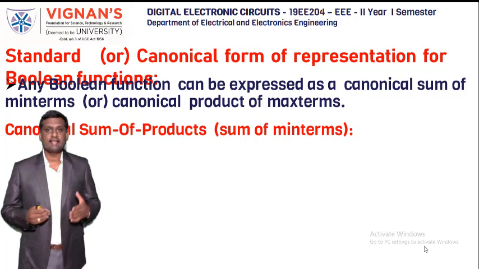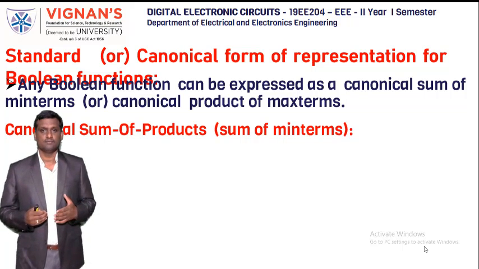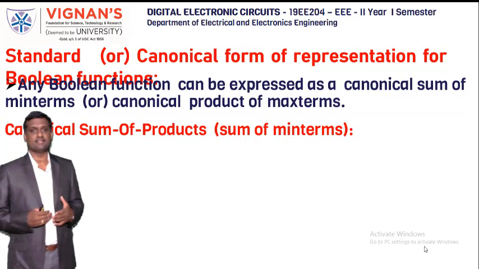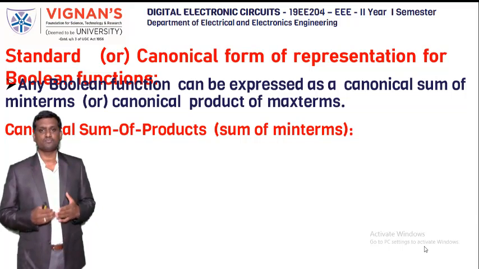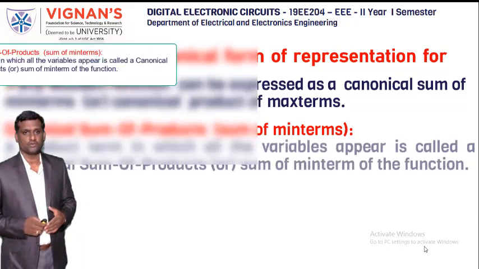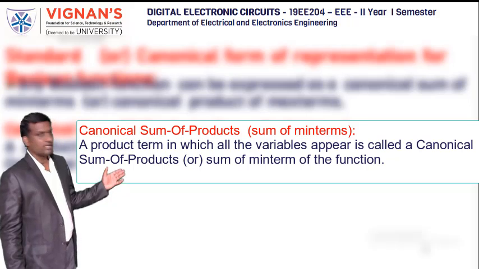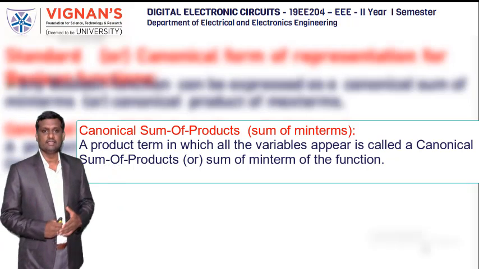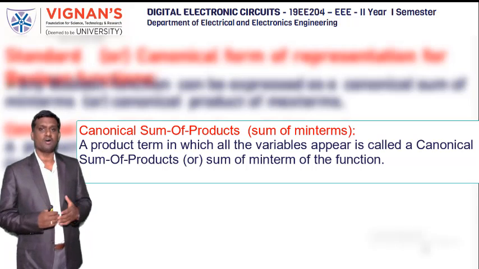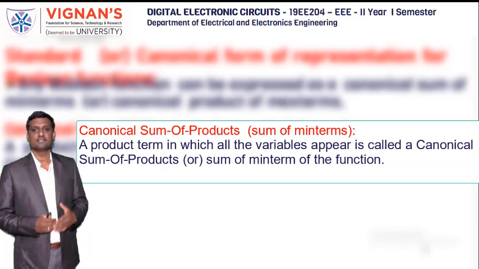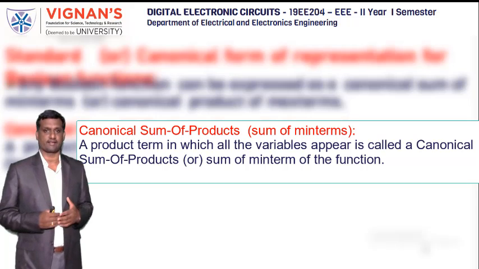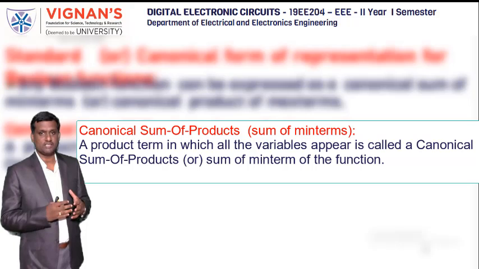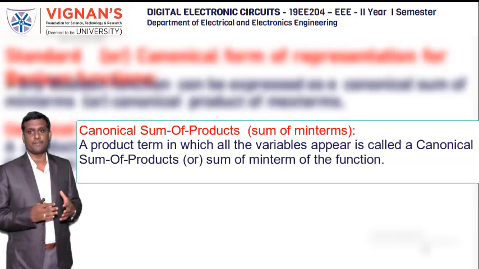The canonical form of min terms is also called the canonical sum of products form. So, a product term in which all the variables appear is called a canonical sum of products or sum of min terms of the function. It is a product term in which all the variables appear.